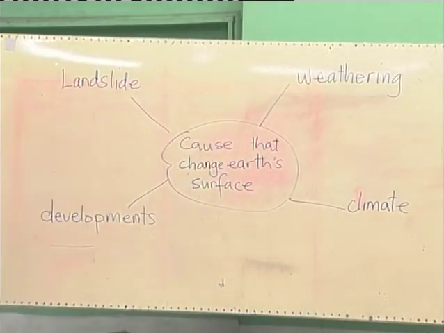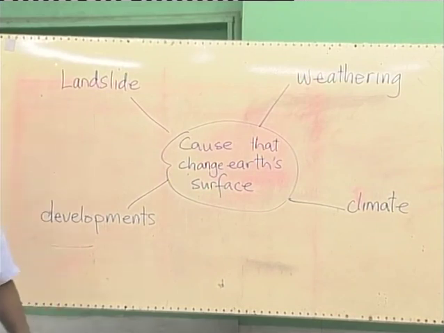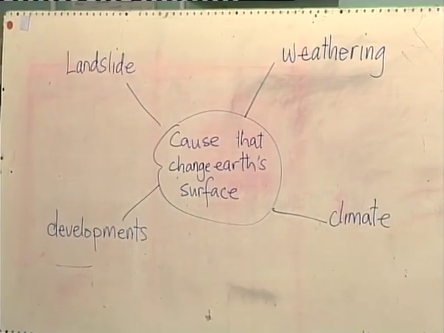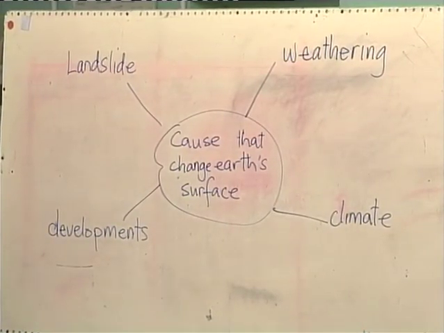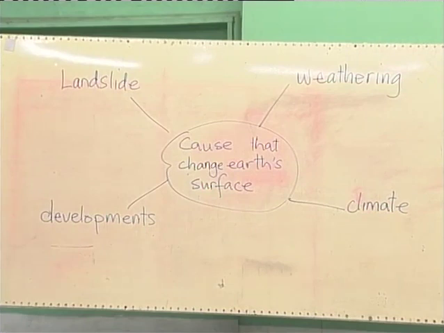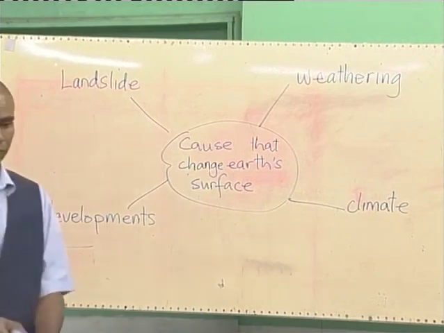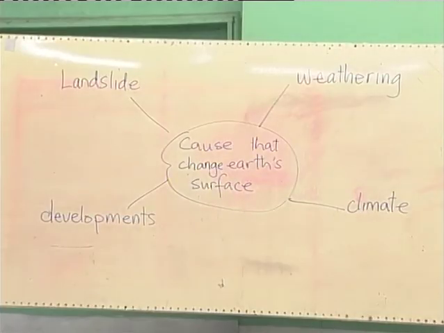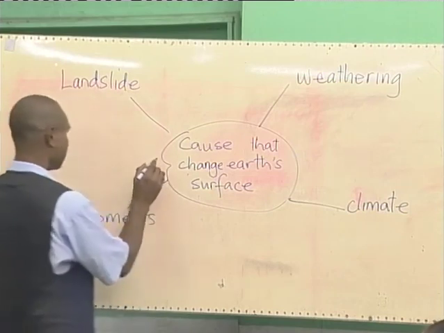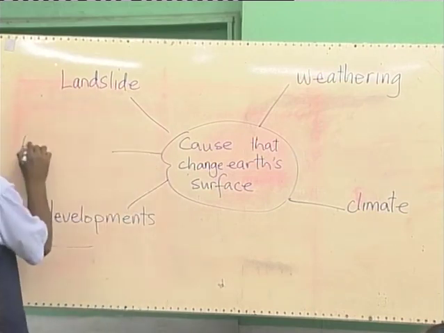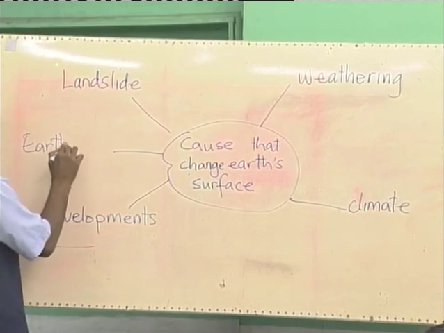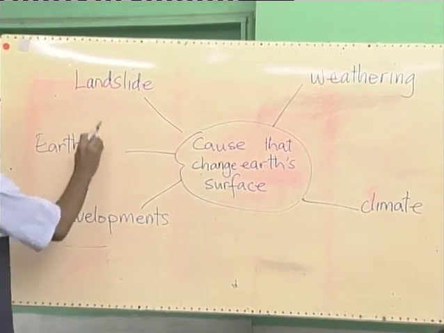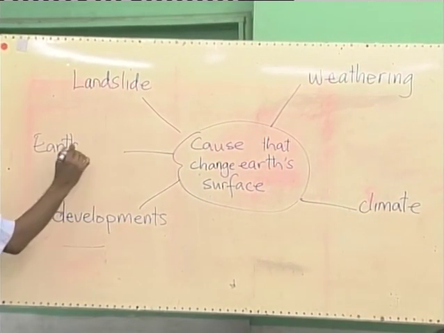Okay, any others that we did not look at yesterday or we did not write down yesterday? Any others that we did not look at in our last lesson? Any cause that changes the Earth's surface? Robert? Earthquake, very good. Okay, then we have Natasha. Thank you, Robert. Natasha?